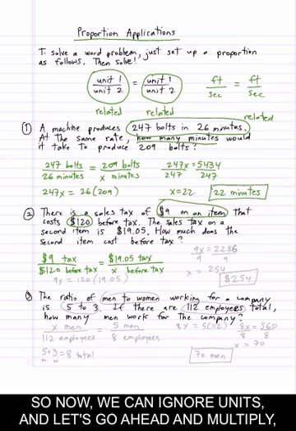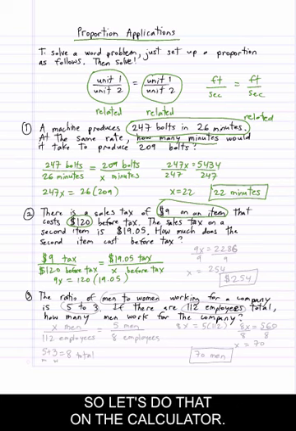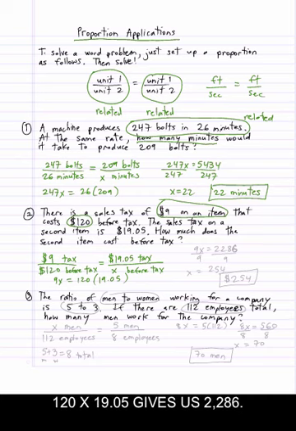So now we can ignore units, and let's go ahead and multiply. So 9 times x is 9x equals 120 times 19.05. So let's do that on a calculator. 120 times 19.05 gives us 2286.